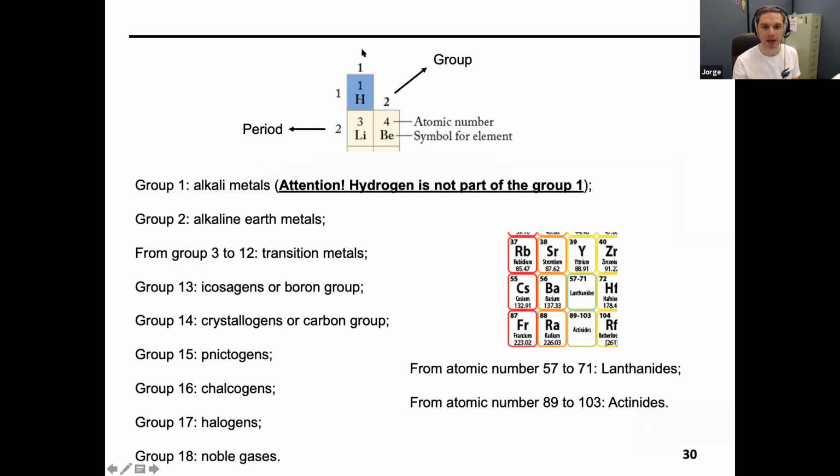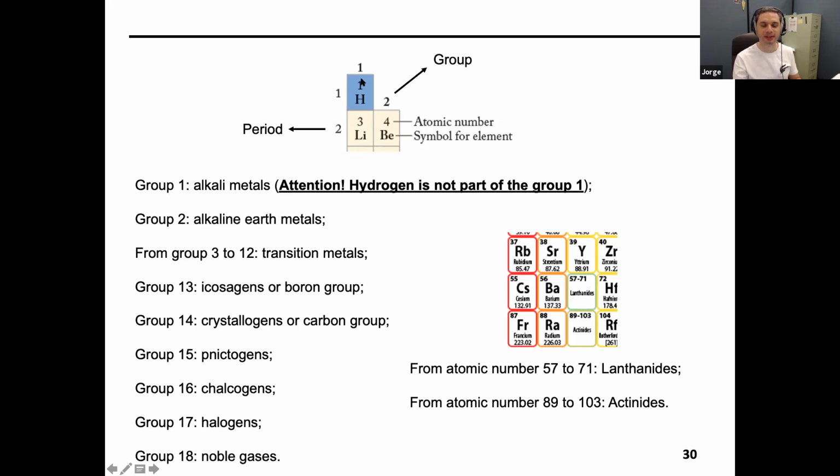The number on top here is called group, and the number on the side is called period. And remember, the number of the group is related to the number of valence electrons, and the number of the period is related to the number of shells.